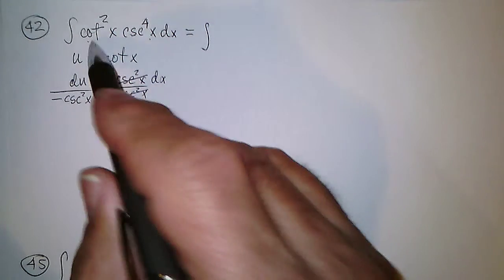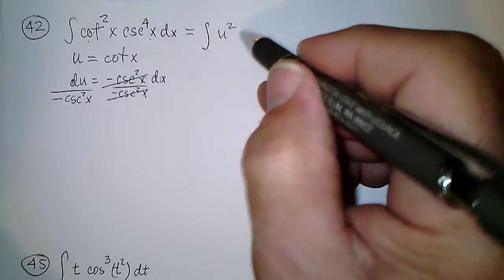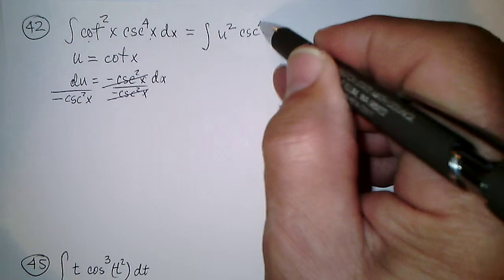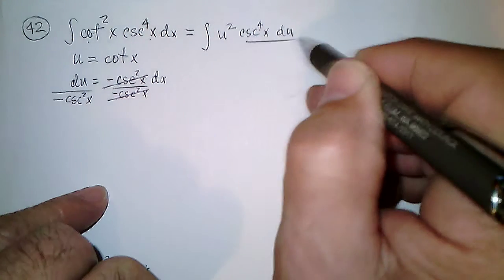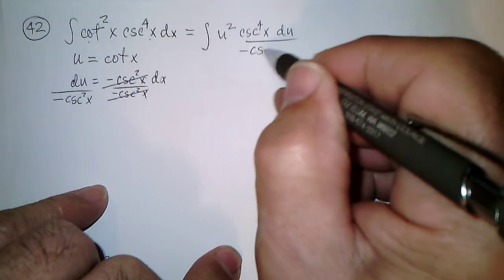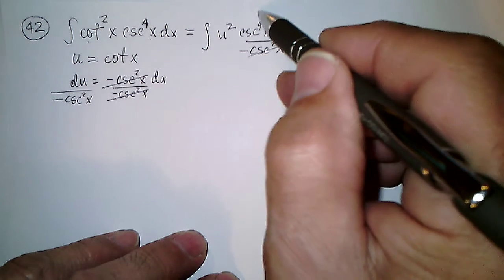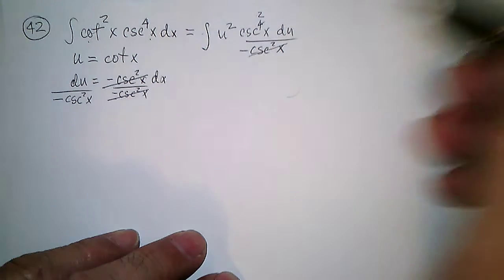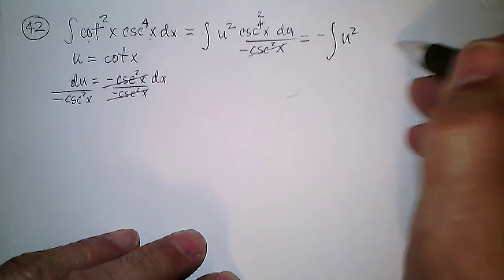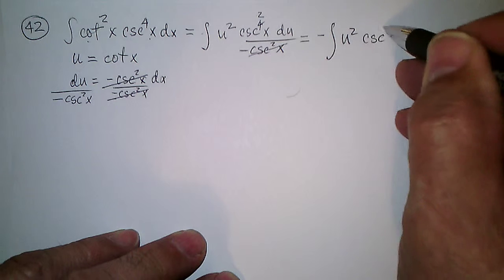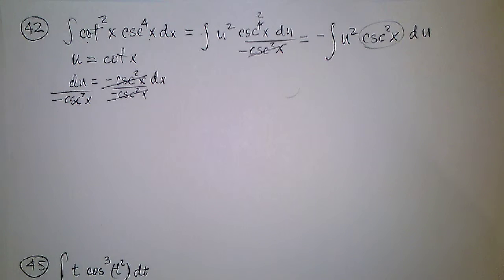So now that'll be u squared, and then we've got cosecant to the fourth x and du over negative cosecant squared x. So that'll cancel two of those and put a minus out there. So I'm going to have minus integral of u squared cosecant squared x du. So I need to get this out of there and get it in terms of u.